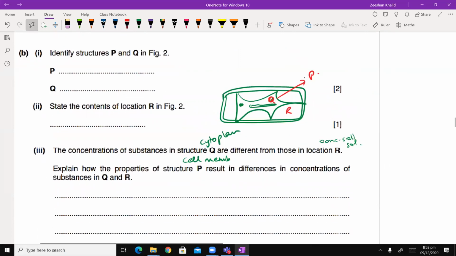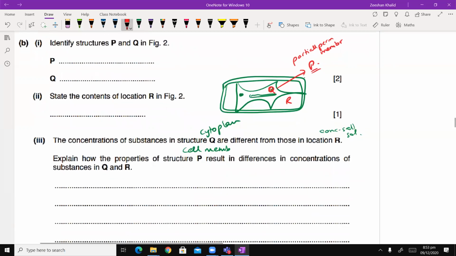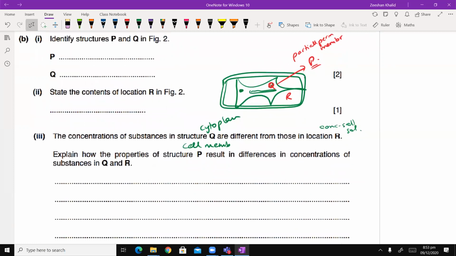Now what he's saying is, explain how the properties of structure P, which is a cell membrane, results in differences in concentration. Cell membrane, bachcho, by nature kya hai? Partially permeable membrane. And what does partially permeable membrane mean? It means it will allow only certain things to pass through it and not the others. Since it's a partially permeable membrane, it will only allow certain things to pass through. Therefore, Q के अंदर और जो ये cell wall है, since it's freely permeable, it will allow everything in the solution to move through it.